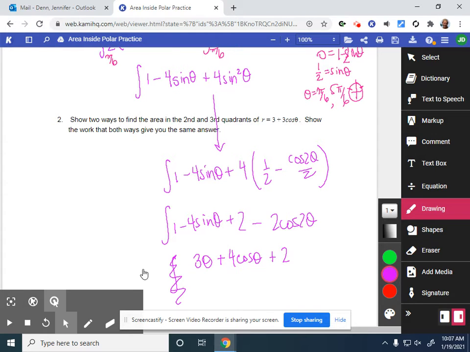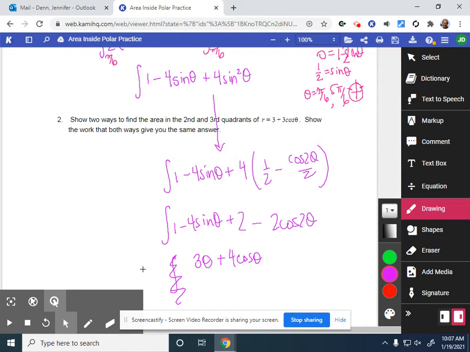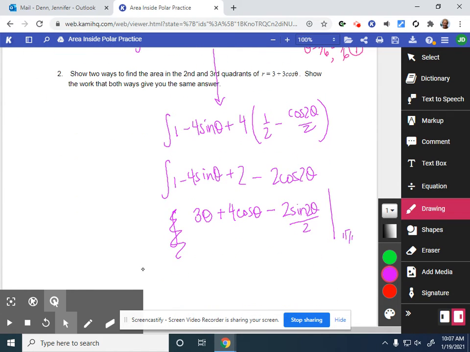Sorry. I was getting ahead of myself in my mind. This is going to be minus 2 sine 2 theta divided by 2. And I'm integrating from pi over 6 to pi over 2.